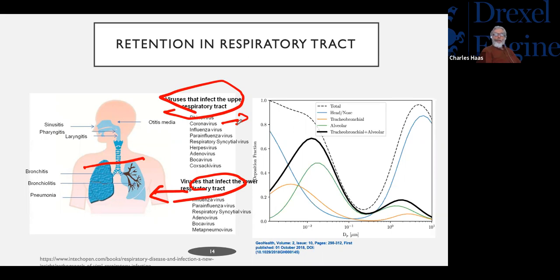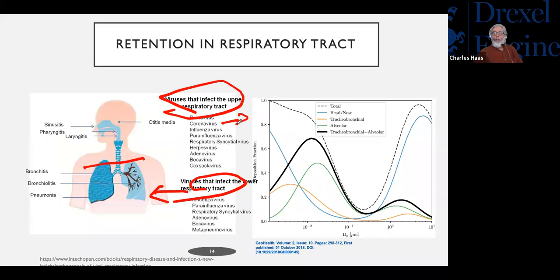That's believed to be the primary site of infection, which is why nasal and nasopharyngeal swabs have been used for sampling the virus in suspect cases. Other viruses infect the lower respiratory tract. On the right-hand side is the fraction of particles of different sizes that are inhaled as a function of the amount retained in the lungs.